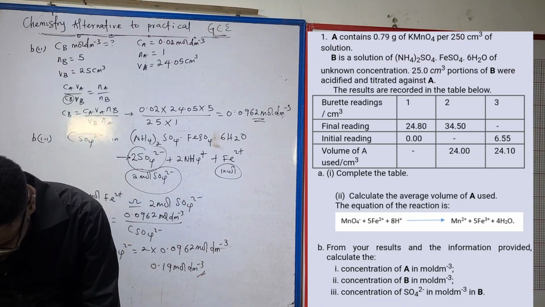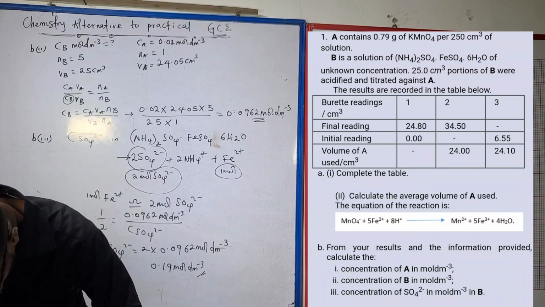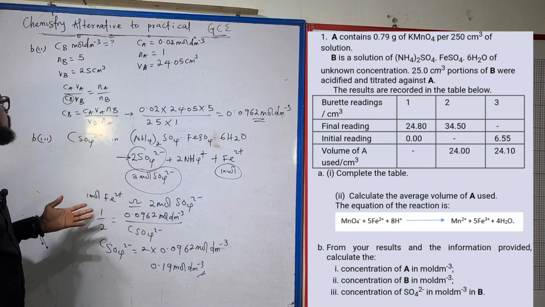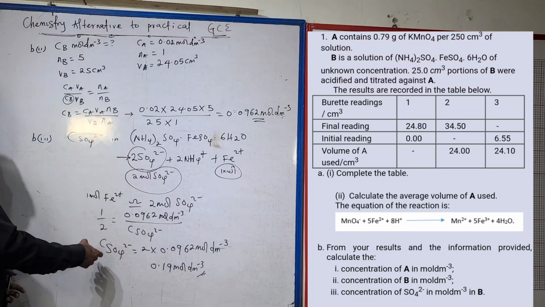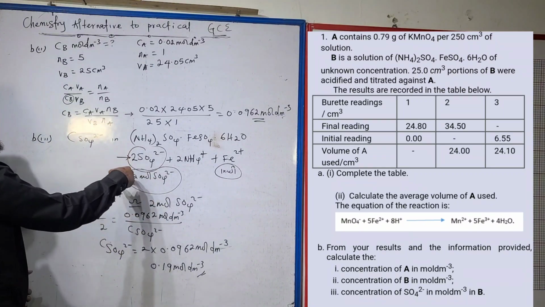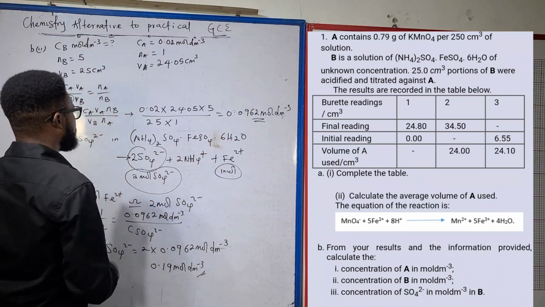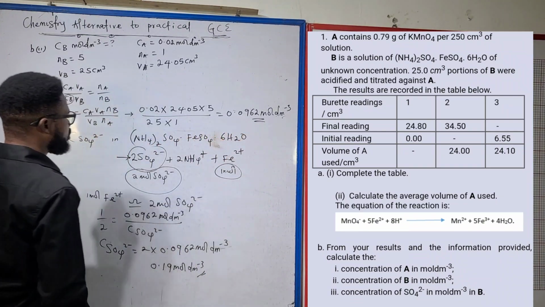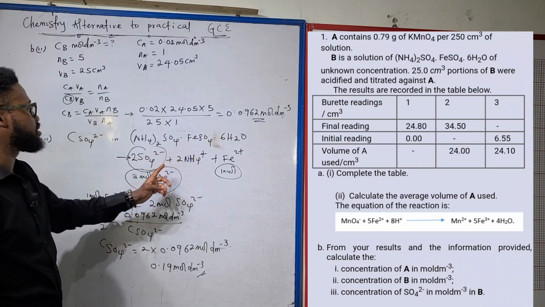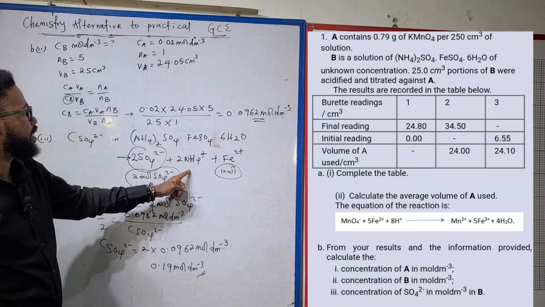For the next question, B4, the mass of SO4 2 minus in 250 cm cube of B. This looks stoichiometric. I was told to look for the concentration of sulfate ion in the base, in B. If I dissociate this, I have sulfate, this here, this here, and then this here.